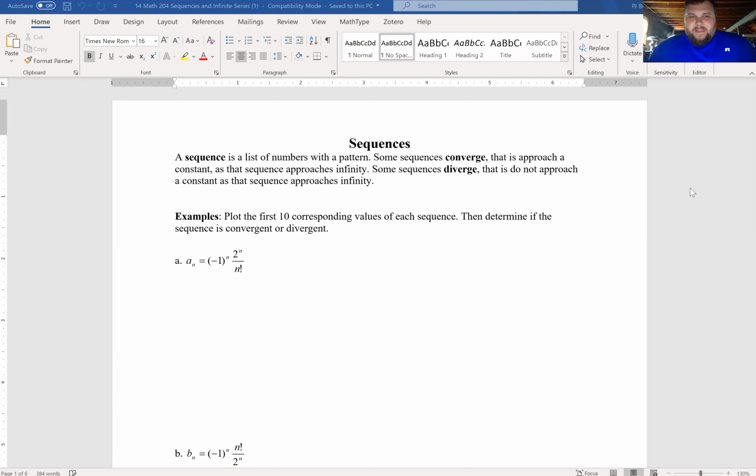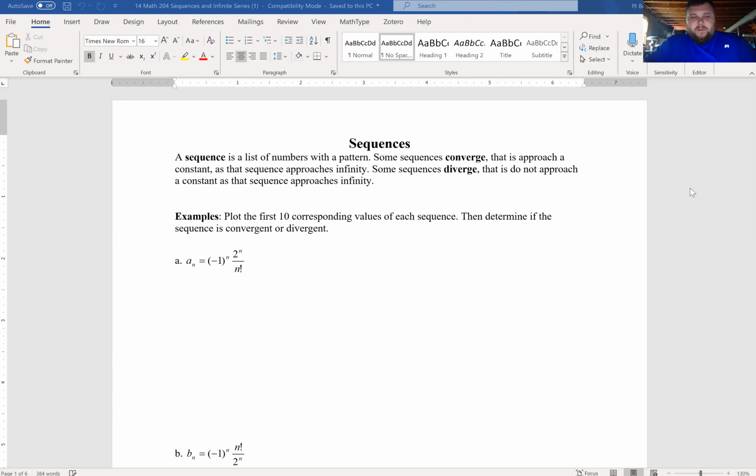So the idea is when n approaches infinity, what value does the sequence approach? And for it to diverge, well, that just means basically that it's not approaching a particular value.